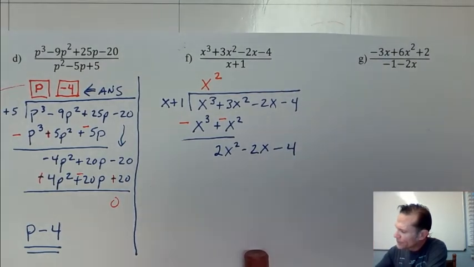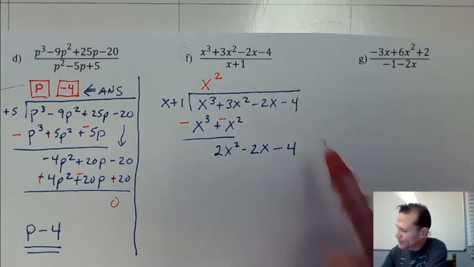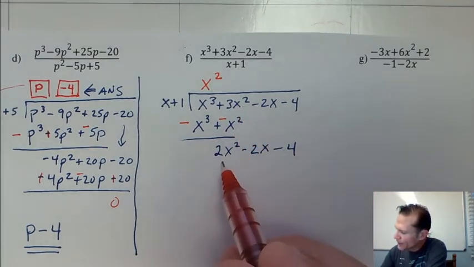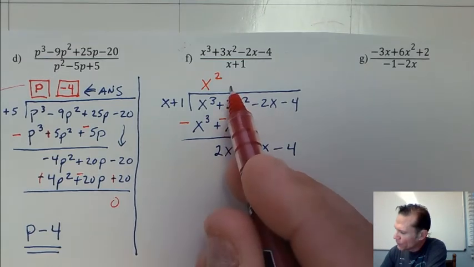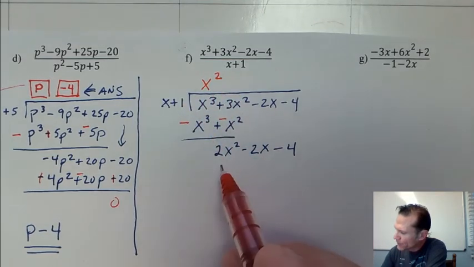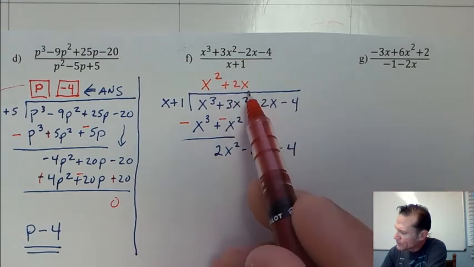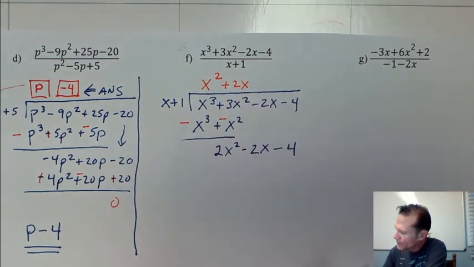You wouldn't necessarily have to bring that 4 down at this time, but it's not going to hurt anything. And then I'm going to think, okay, what times x gives me 2x squared? Well, positive 2x. 2x times x is 2x squared.